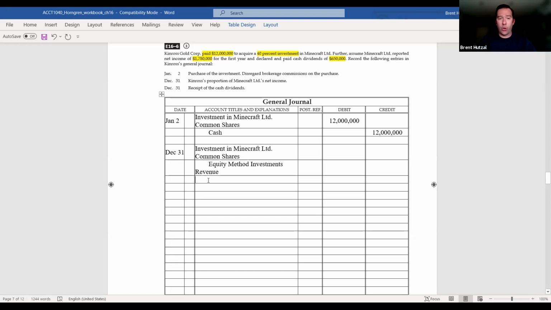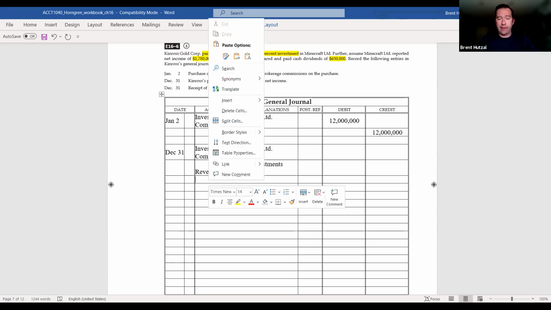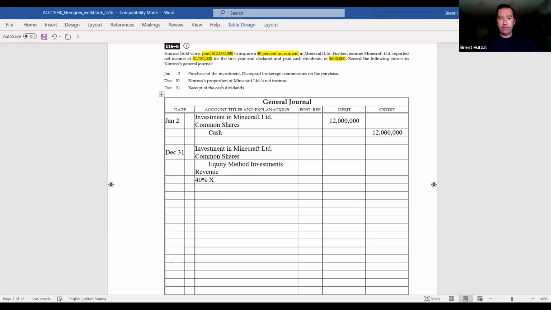So I'm just going to make a quick note down here of how we calculate that, so you can go back and see where that number came from. 40% of the total net income of $1,780,000. You pull out your calculator, do that quick calculation, 0.4 multiplied by 1,780,000.